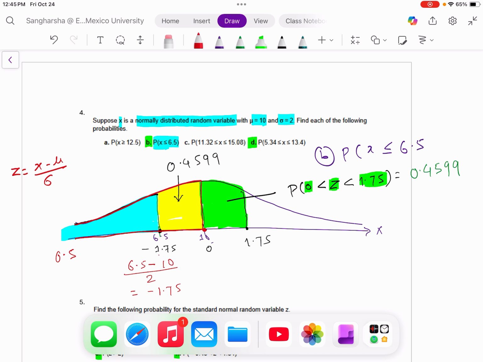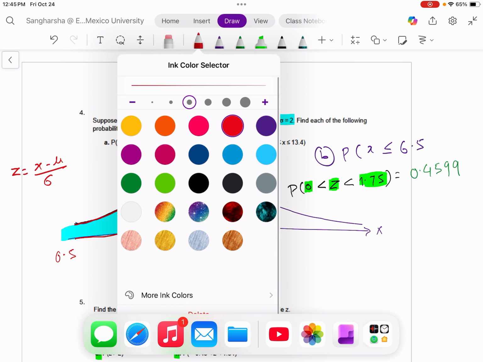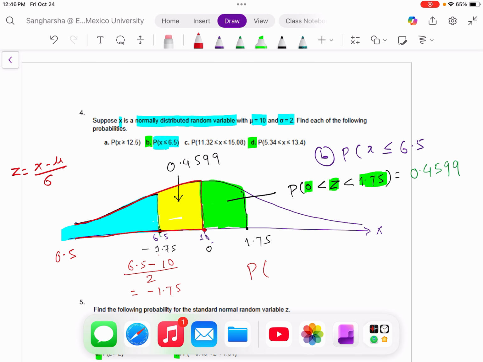So the blue region, which is the probability that x is less than or equal to 6.5, is 0.5 minus 0.4599, which equals 0.0401. So this is the probability that our x takes a value less than or equal to 6.5.